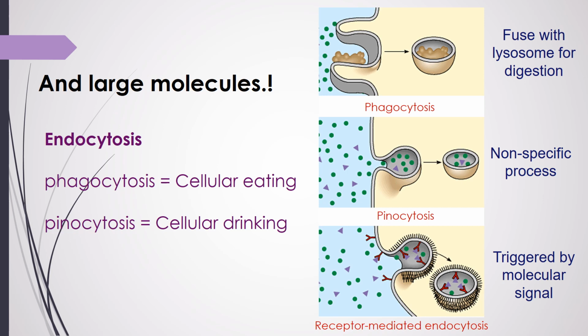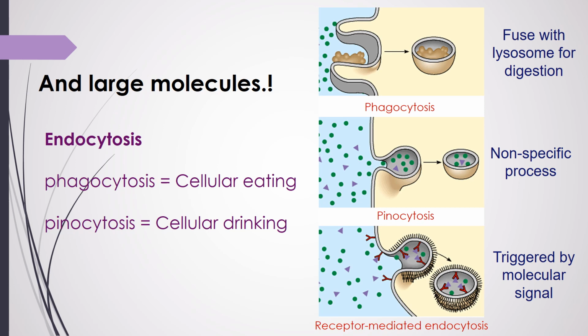Phagocytosis is cellular eating. We have used this term in various immunological contexts, and pinocytosis is cellular drinking, as evidenced in amoeba. Here I am showing you phagocytosis, where the vesicle fuses with the lysosome for digestion and is used for metabolism.